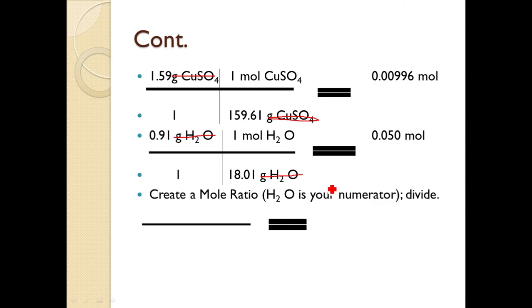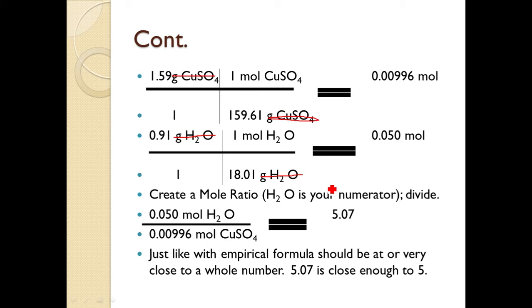Next, you're going to create a mole ratio fraction. Water will always be your numerator in this fraction, and then you'll divide the numbers out. So 0.050 will go in your numerator, 0.00996 will go in your denominator. Take the numbers, divide them out, and you get 5.07.